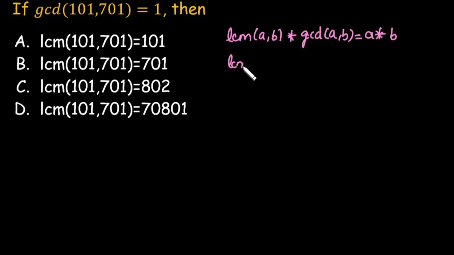LCM we need to calculate. GCD is given to us, that is 1. A is 101 and B is 701. Multiply this and hence we have D option.